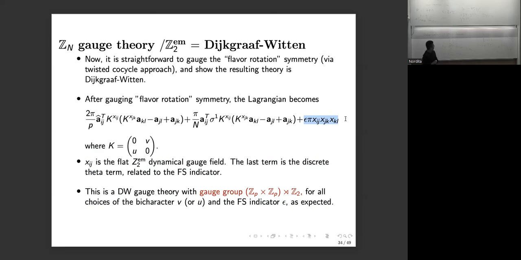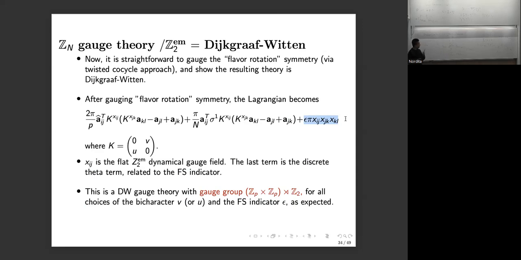Sorry. I think the logic is that, maybe it's not obvious, but the statement is that only when you have a Z2 EM stable Lagrangian subgroup are you allowed to do this. That's right.